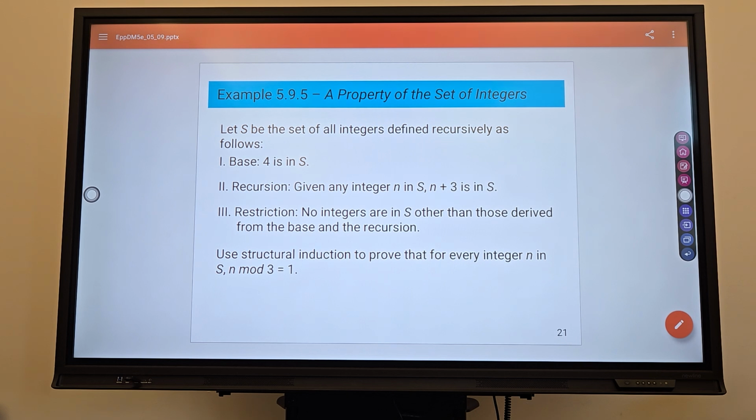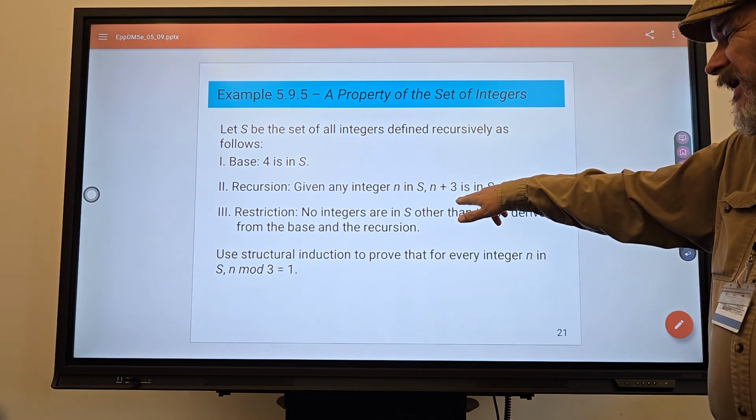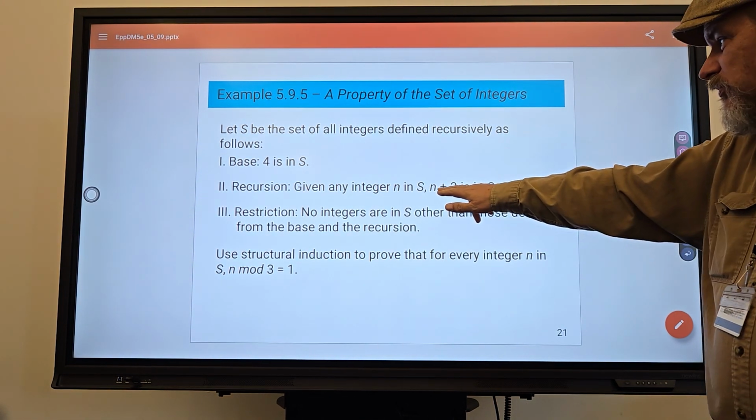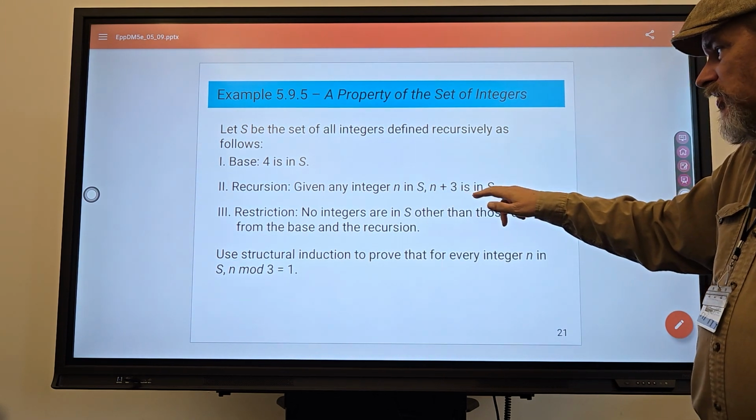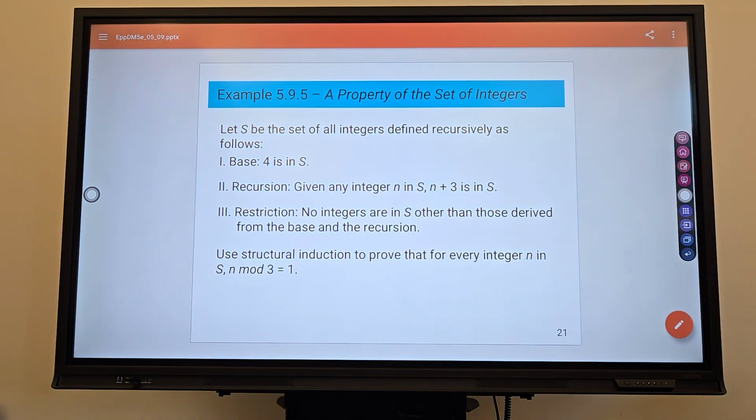Let S be the set of all integers defined recursively as follows. Base: 4 is in S. This is the example that gets screwy. This equation is not right, because n plus 3 for any integer n is basically 4, 5, 6, 7, 8, 9, 10, etc. If I'm not mistaken, right?